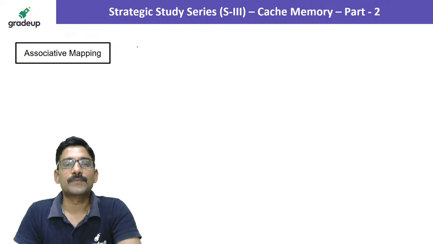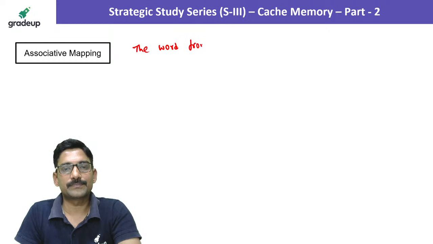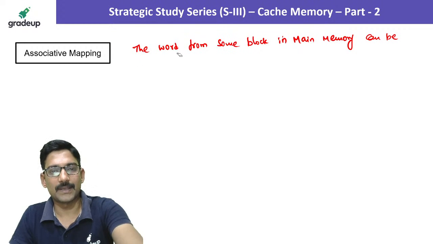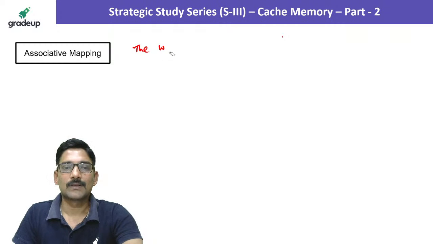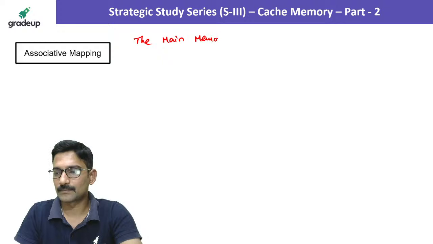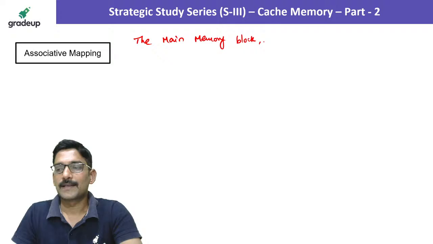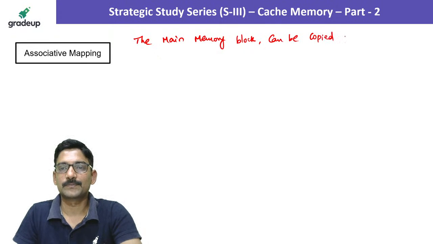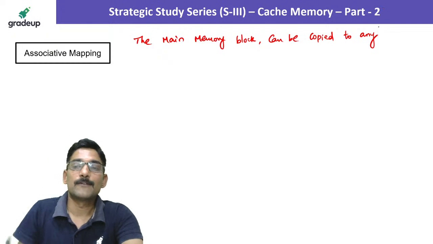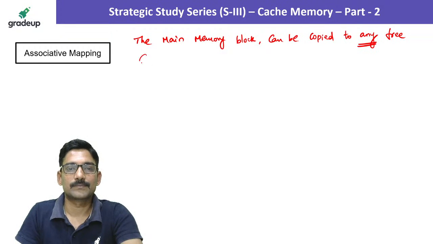Associative mapping says that the word from some main memory block can be copied to any cache block, any free cache block.